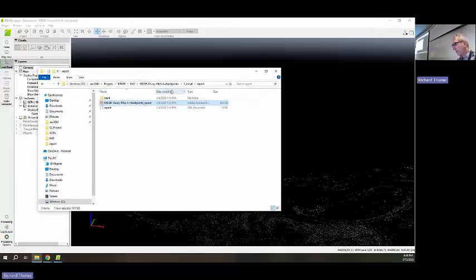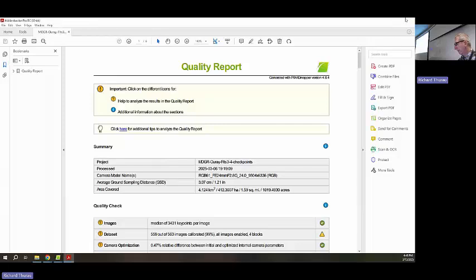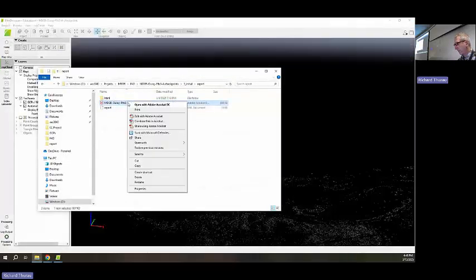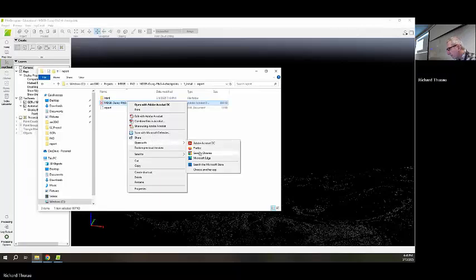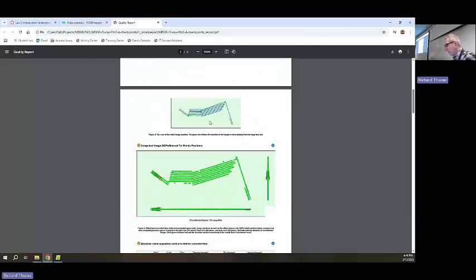So for example, if you navigate to the report for your checkpoints file, and I don't open it with a PDF because we don't have a PDF license for it.